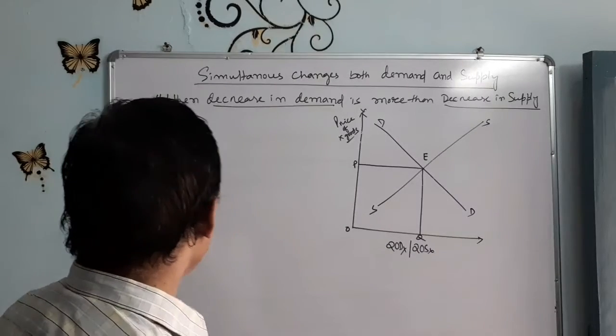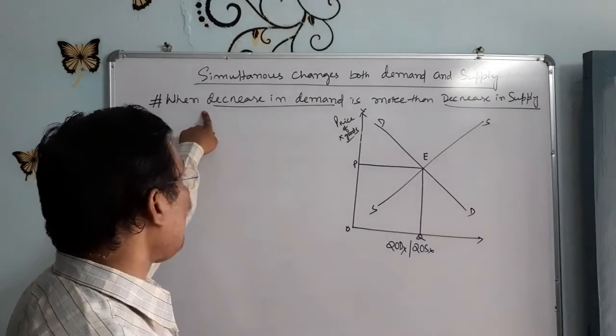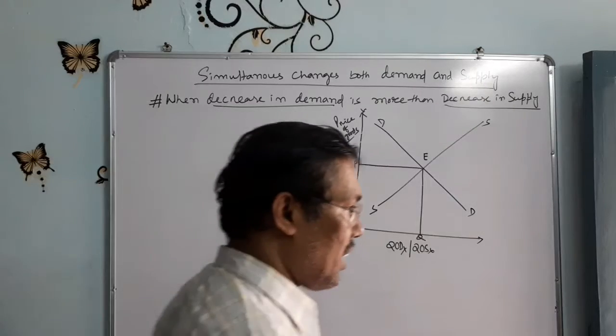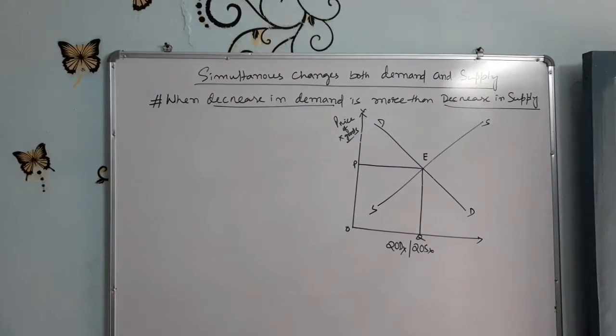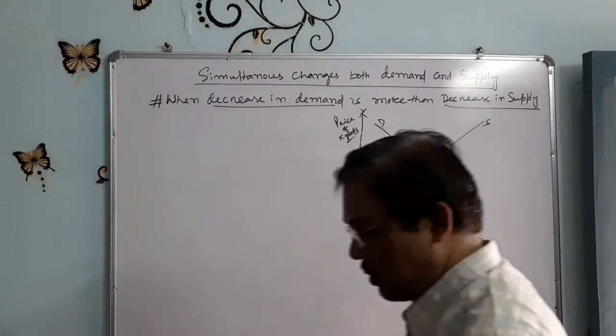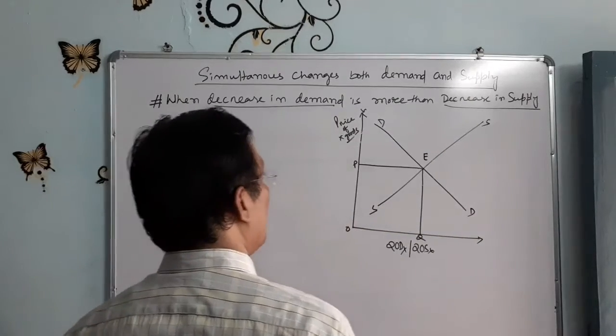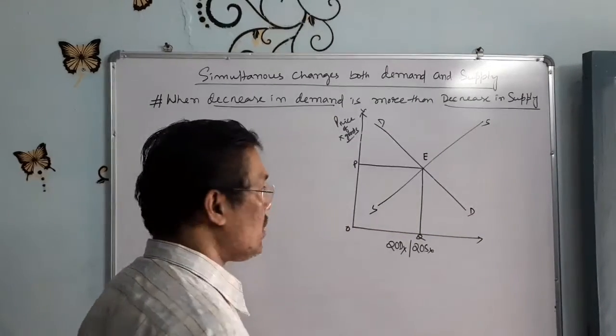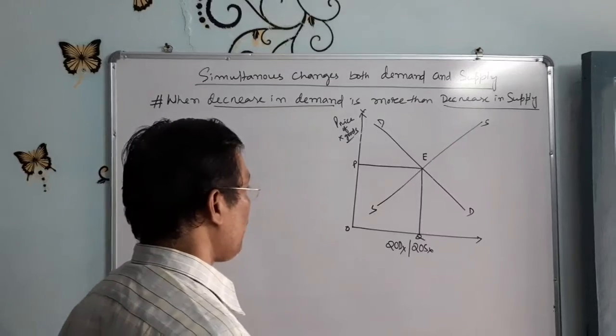Now suppose, as per our question, the decrease in demand is more than the decrease in supply. It means demand decreases more than the decrease in supply.